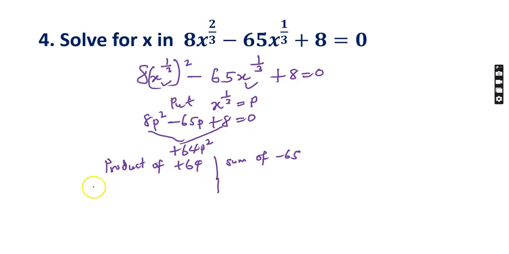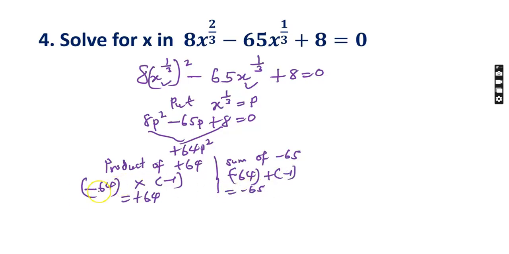Such numbers are minus 64 and minus 1. We check it. Minus 64 times minus 1 gives us plus 64. If I add them together, minus 64 plus minus 1 gives us minus 65. So the two numbers are minus 64 and minus 1.